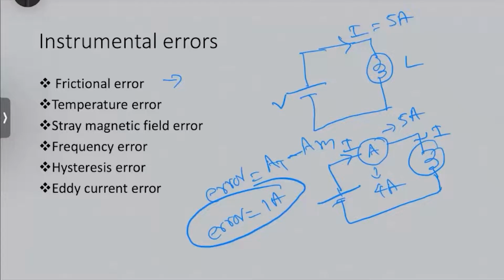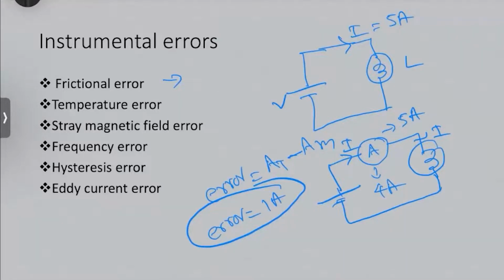So from this we understood that even though you have taken many precautions while designing the meter, it has some losses. Because of this, it is not able to show the accurate value. It can't show 100% accurate; it has some amount of error.